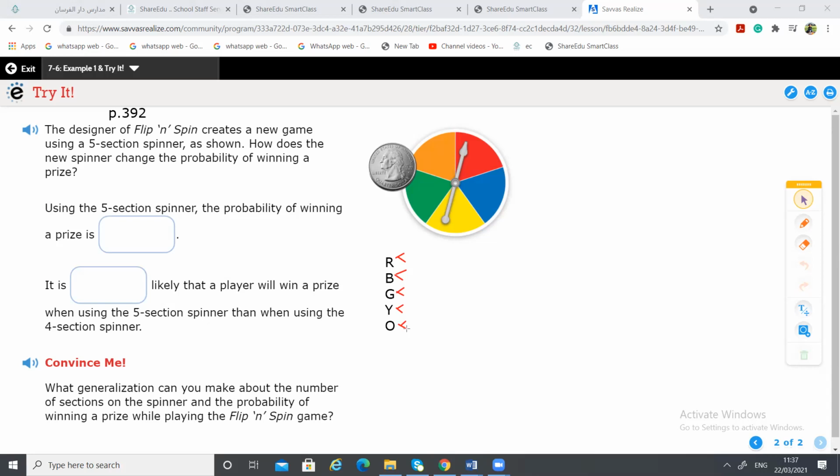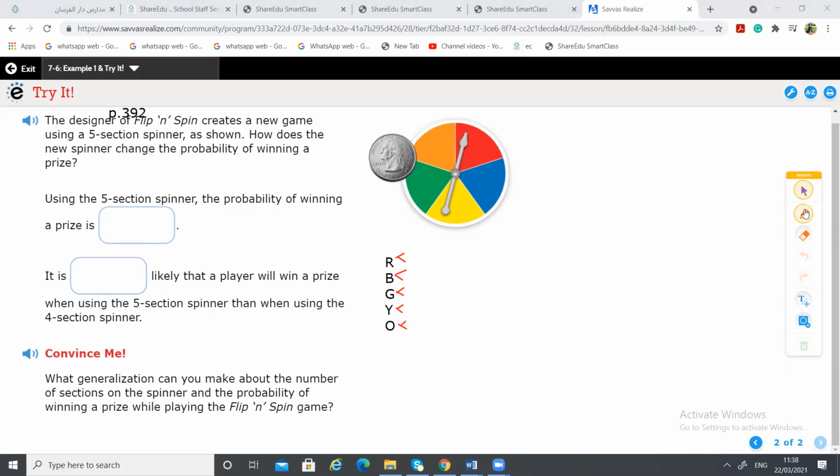How many outcomes do you have, girls? You have 10 outcomes here. But the chance will be 1 only, 1 out of 10. It is 1 out of 10, but how am I going to write it here? Okay, here they are saying it is 1 out of 10.